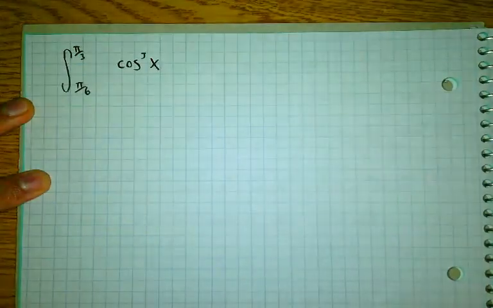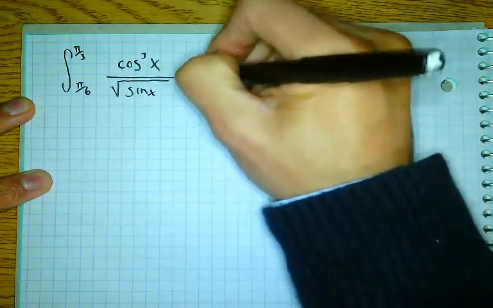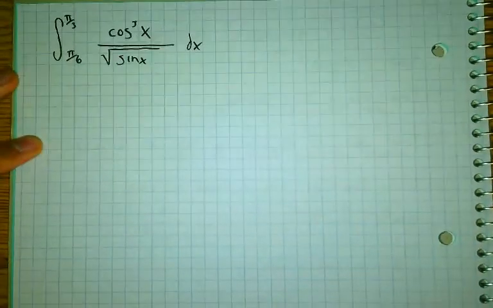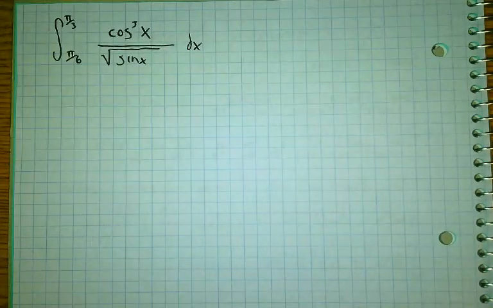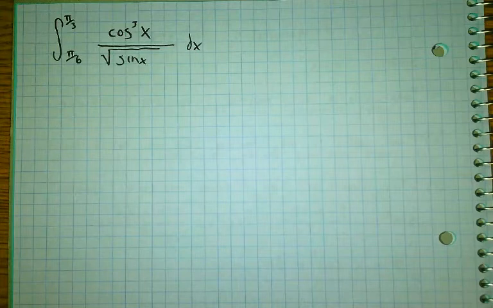So cosine of the third power of x divided by the square root of sine of x dx. I will tell you that this is not going to turn out to be pretty, but I want you to give it a shot. You have the rules, okay? See which one of the rules apply, and then just proceed from there. Cool? So if you're watching the video, I'm going to go ahead and tell you to pause it, give it a try, and then when you're ready, hit play again.